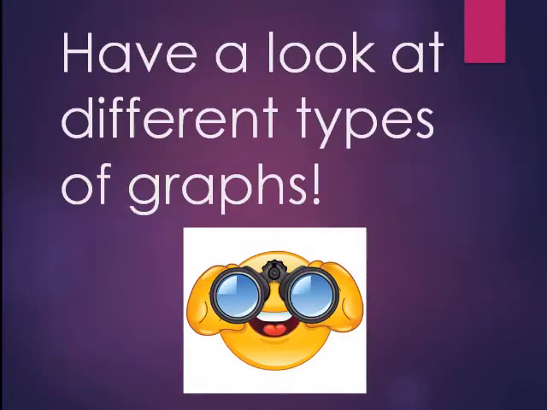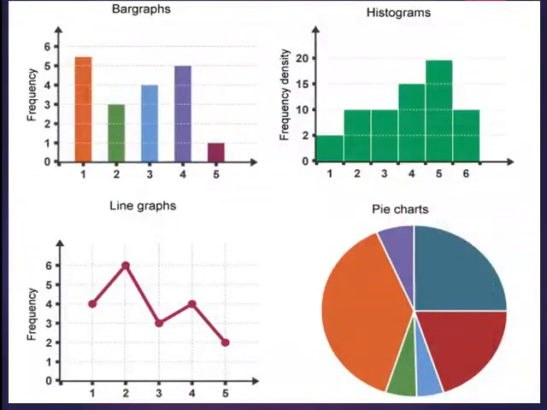Before I start, you need to know what the different types of graphs or charts are. Let's start with bar graphs, which are very common for HSC students. There are different types of bar graphs, horizontal bar graphs and vertical bar graphs, then histograms, line graphs and pie charts. You can see four diagrams chosen for you.